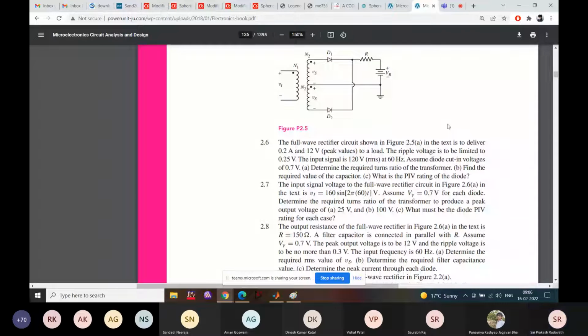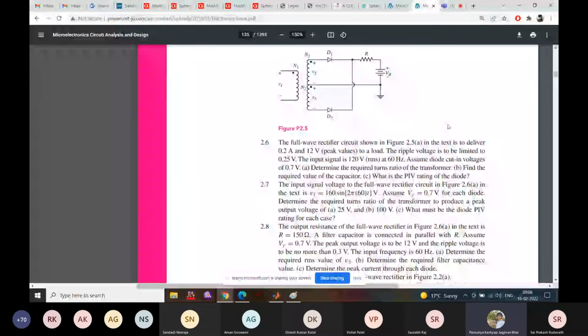The cutoff of the diode is 0.7, so you'll get 12.7 at Vs. Understood?